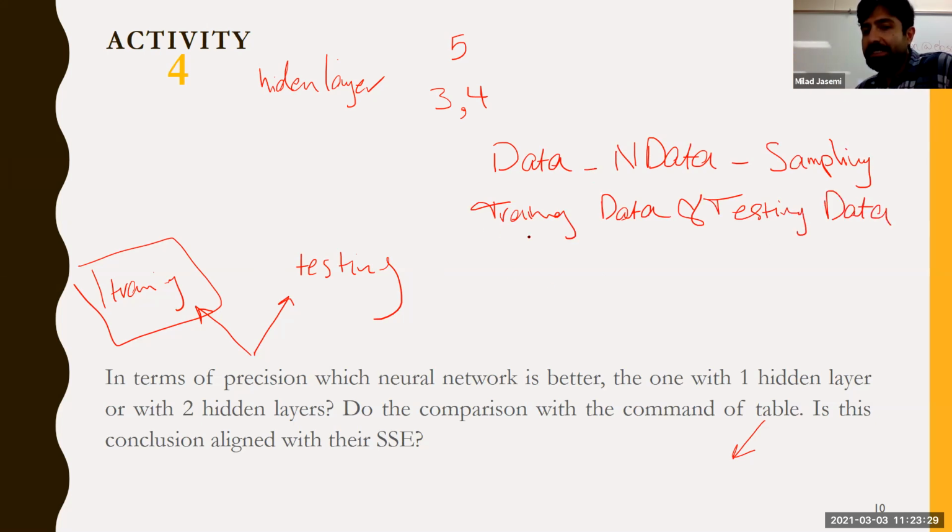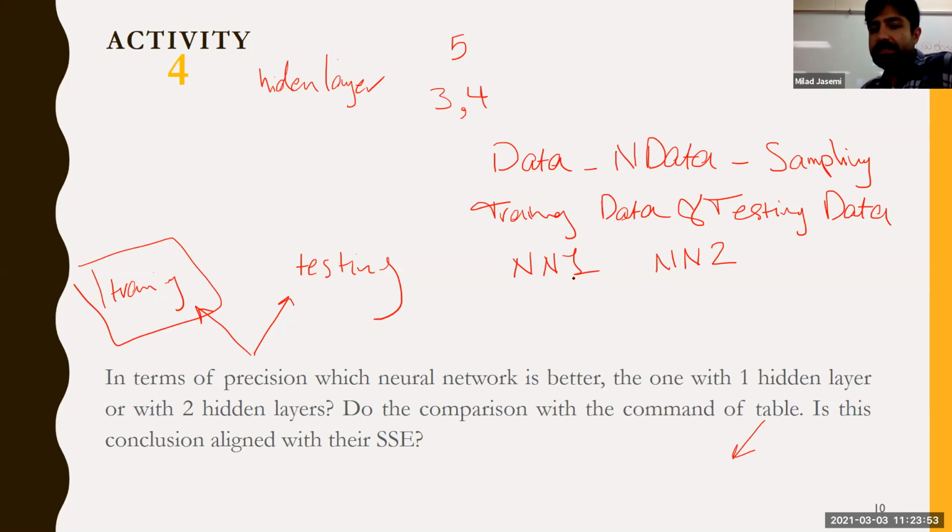When you have the training data, you can make your neural networks. So you create your neural network 1 and neural network 2, one of them with 5 neurons in the hidden layer and the other one with 3 and 4 neurons in 2 hidden layers.